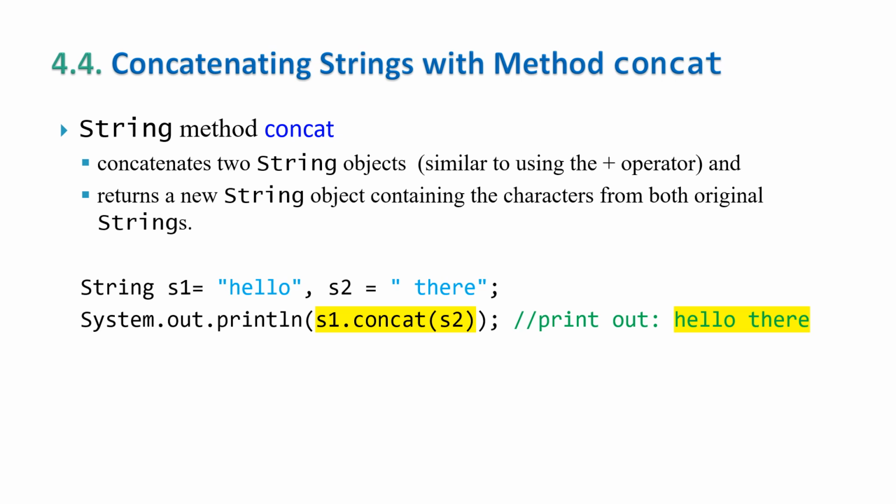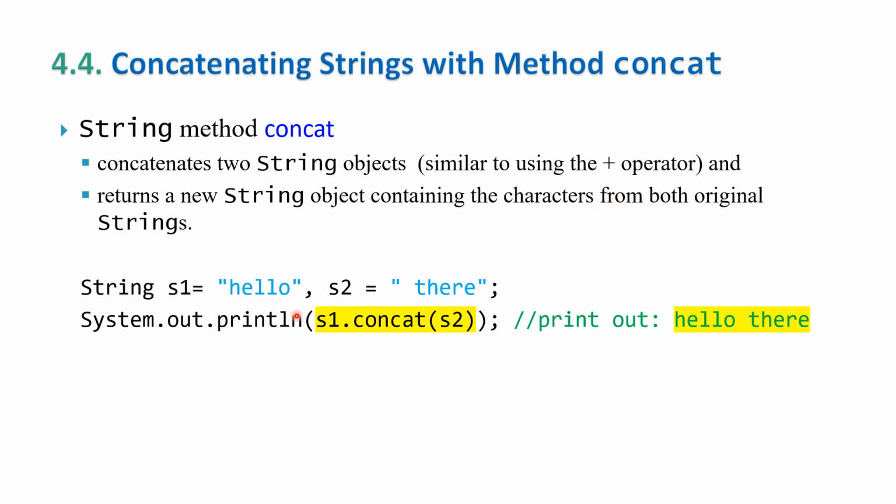Another way to concatenate strings, which is less confusing, is to use the string method concat. This method concatenates two string objects similar to using the plus operator and returns a string object containing the characters from both original strings.